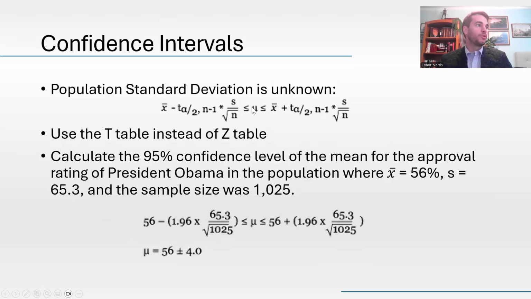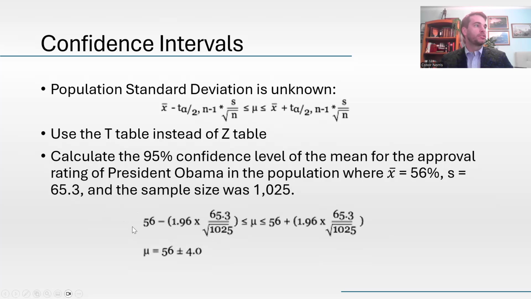So if we wanted to do a similar problem, say we have a 95% confidence interval, what is the mean for the approval rating of President Obama? Again, where the sample mean is 56%, the sample standard deviation is 65.3, and the sample size is 1,025.